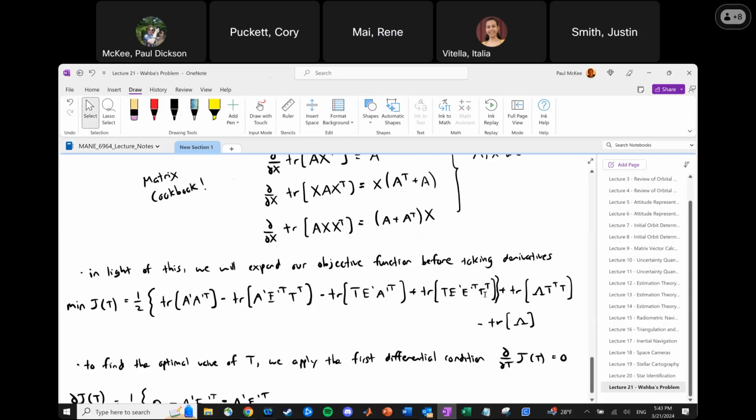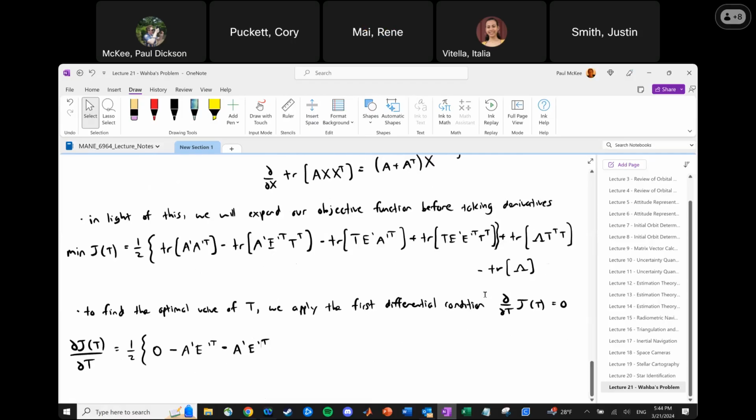So there's 2 rules we could use, but wouldn't it be E prime transpose plus E prime transpose E prime times T? Yep, that's basically it. I'm actually going to be a little bit lazier than you. I'm going to do it like this. So it's 2 T E prime E prime transpose.